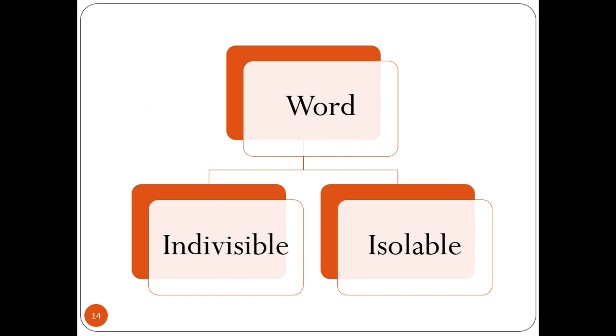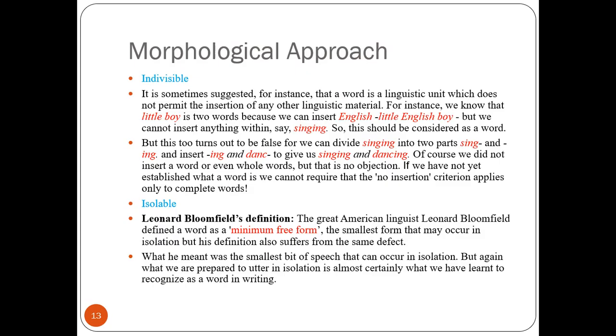It cannot be divided further. This is one feature. So we have to see whether the word could be divided further or not. The second one is isolable, that it's a free form. It may occur freely. Okay, so let's see what we have here.